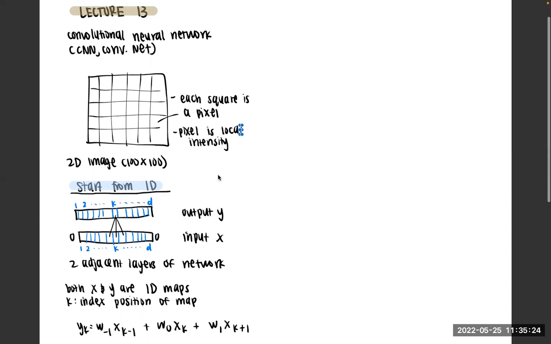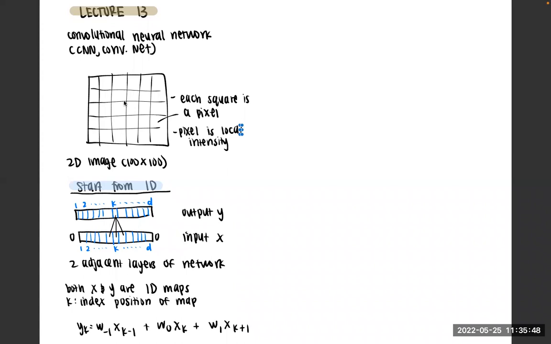For an image, there is a notion of translation invariance, that is, an object can appear at any location in the image. Therefore, when we perform operations on the image, those operations should also be translation invariant.